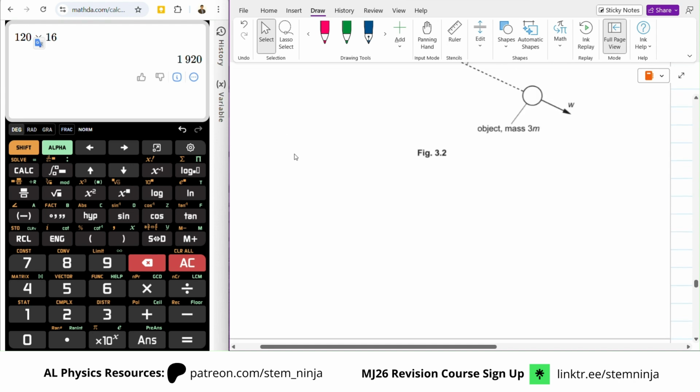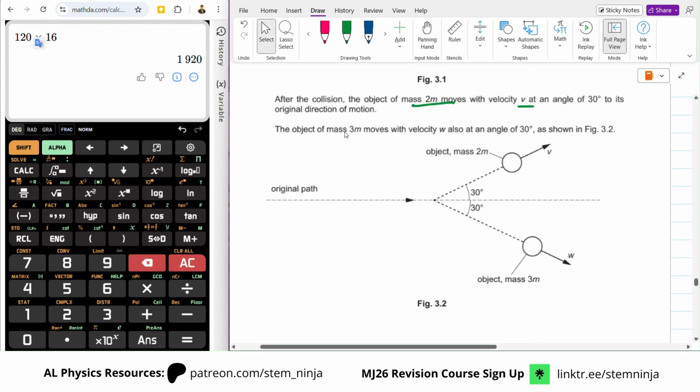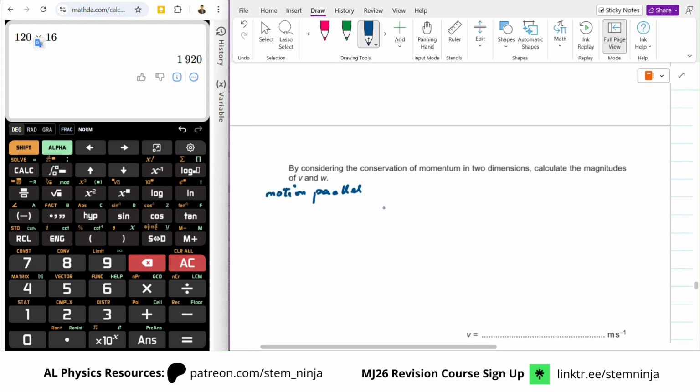Okay, so motion parallel to original path.